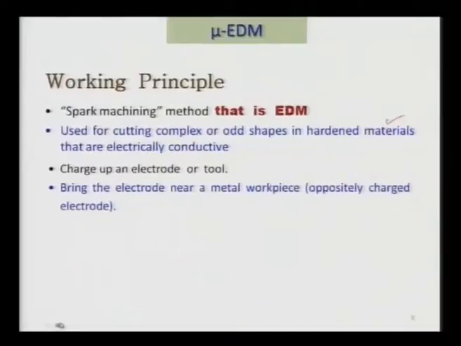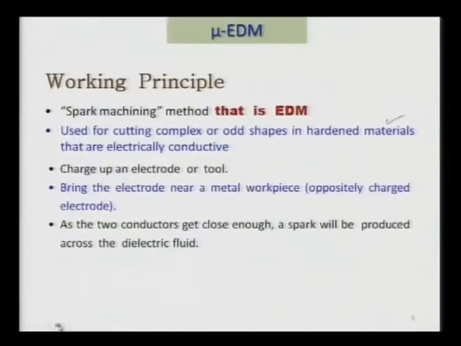Here you connect the electrode, that is the tool, and the workpiece to the negative and positive terminals of the power supply, as we have seen in the schematic diagram in the earlier slide. These electrodes are brought closer to each other, and the gap between the two is a few microns, as I mentioned in the earlier slide, while in case of EDM it is much larger.